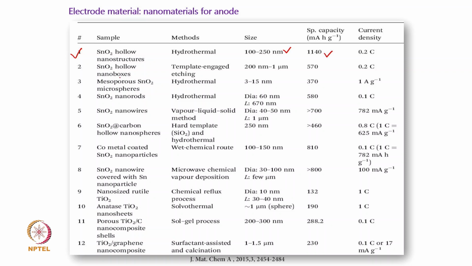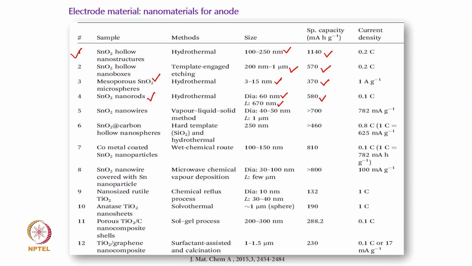So, if we consider SnO2 hollow nanotube, this is the typical size, and then there is a reduction in specific capacity. Now you come to mesoporous SnO2, where this is the typical size and you have less specific capacity. Okay. Now, come to SnO2 nanorods, this is the typical diameter, this is the typical length, 60 nanometer diameter and 670 nanometer length.